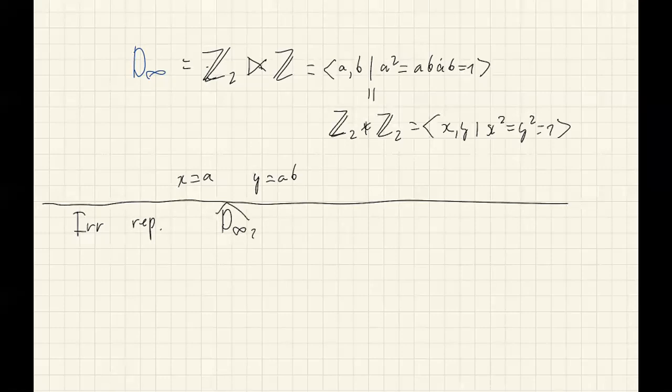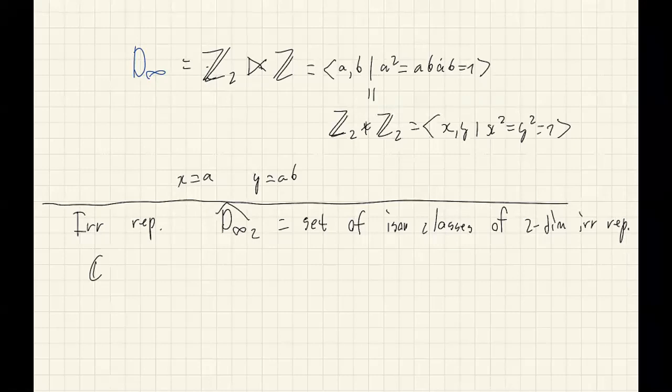It's a set of isomorphism classes of two-dimensional irreducible representations, and we have a map from C without minus 1 and 1 to this set.